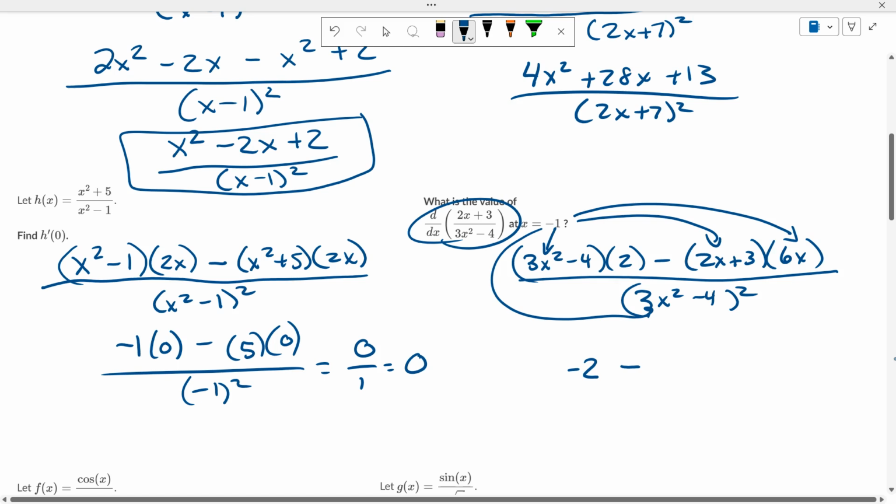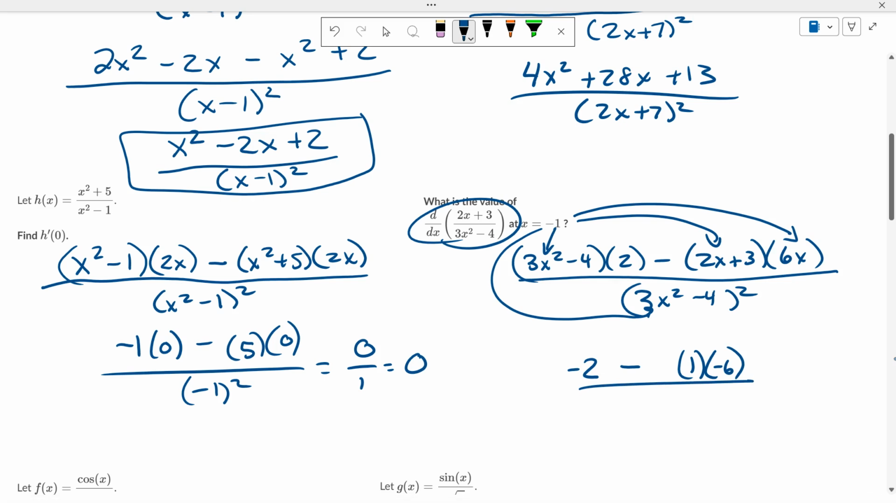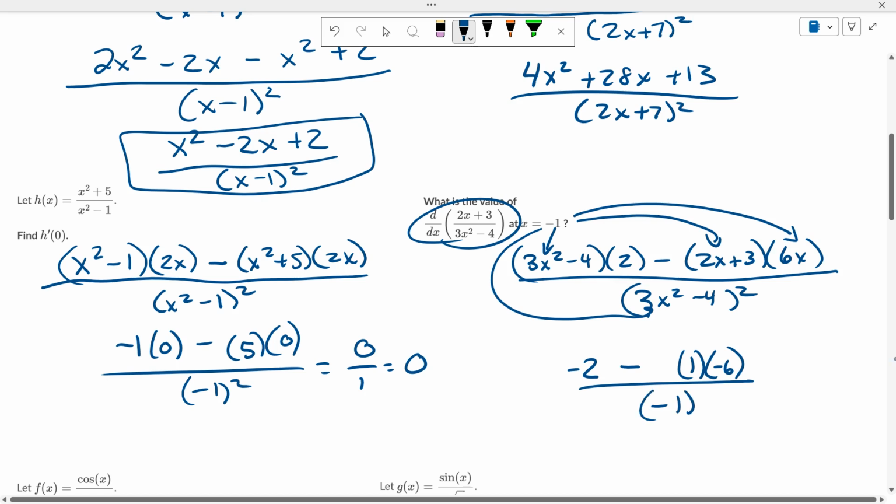Minus 2 times negative 1 is negative 2 plus 3 is 1. 6 times negative 1 is negative 6. Over negative 1 squared is 1, so it's 3 minus 4, which is negative 1 squared. So it's negative 2 plus 6, which is 4 over 1, which is 4.